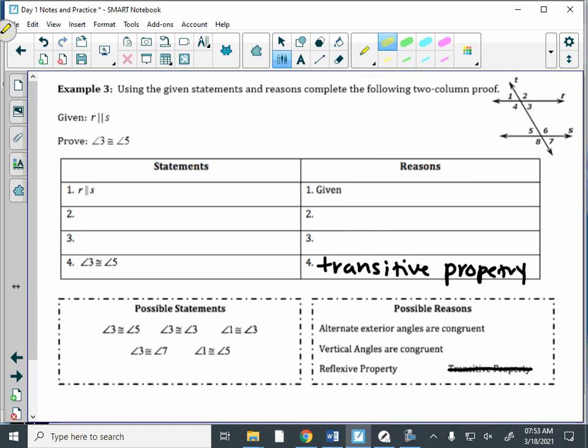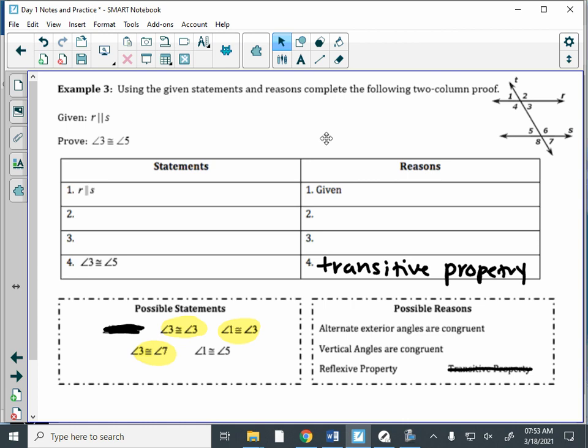This has an angle 3 in it. This has an angle 3. That has an angle 3. This was already written for us, so it shouldn't be there. That's gone. Right? We don't use the same thing in a proof. We don't repeat things. So if that's already there, we're not going to use it. So one of those 3 is going to be my option for number 2.